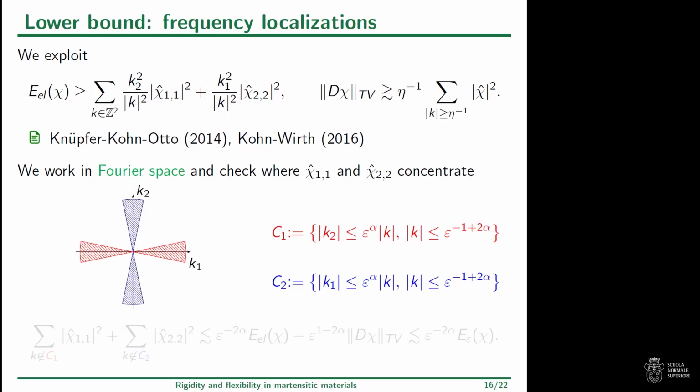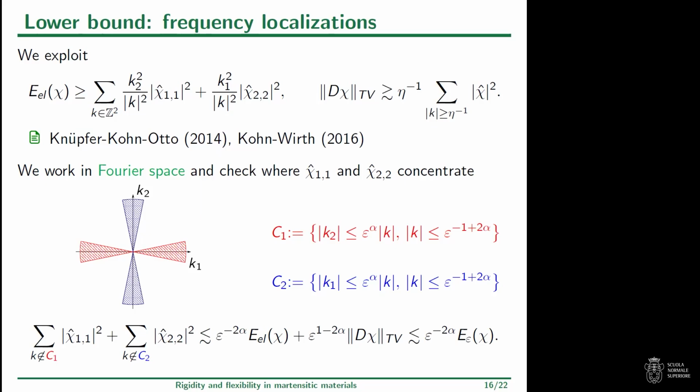By this lower control of elastic energy and surface energy, you can do it quantitatively. You can define this red cone, which is the cone in which chi1 is concentrating, with a precise spreading angle and with a precise cutoff. This red cone is very thin and very long, in which chi1 is concentrating, and analogously for the other component.